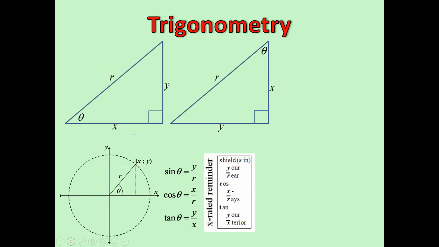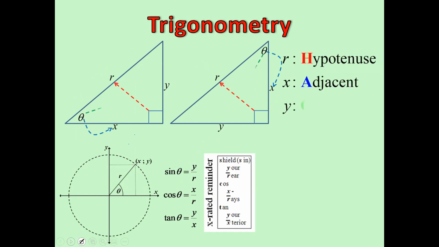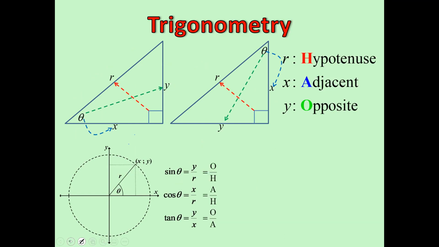So coming into a triangle, if we're not on the Cartesian plane, this is very handy to know. If we look at this triangle, and if we look at theta, the side opposite theta we're going to call opposite, and the side next to theta we call the adjacent side.